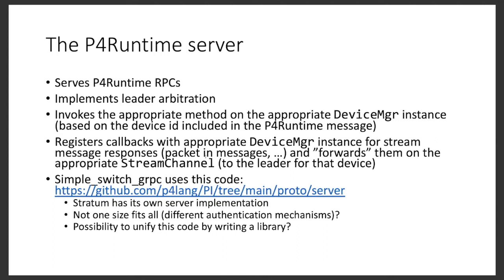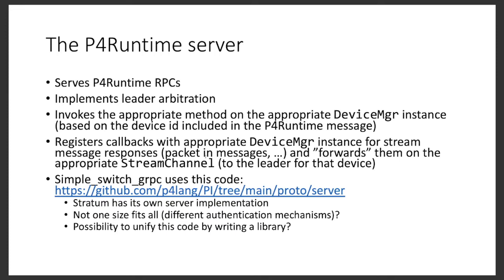This ties back to the RPC stream channel we saw previously. When simple switch gRPC has a packet in that it needs to send to the controller, it's going to call a callback function in PI, which is then forwarded to the P4 runtime server, and that packet in message is going to be sent on the stream channel.